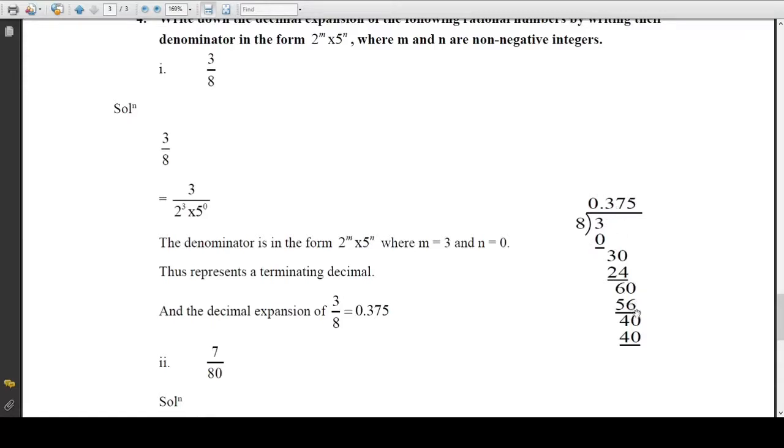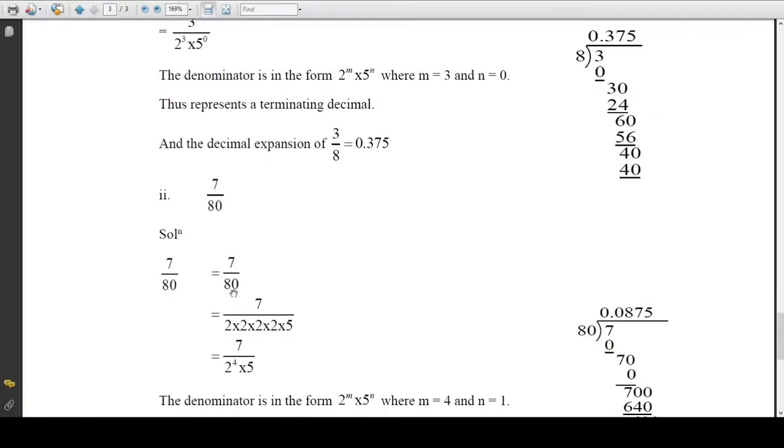Then remainder 4. And then drop down 0, 40. 8 times 5 is 40. It means the division ends here, isn't it? It terminates here at 40. This means the expansion of 3 by 8 is 0.375.